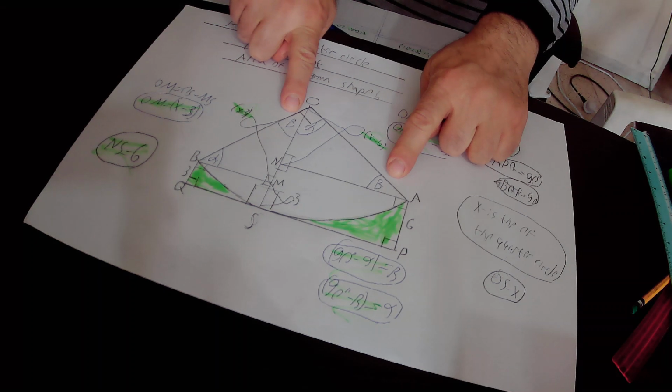Those two angles are both equal to beta, therefore they are equal to each other.